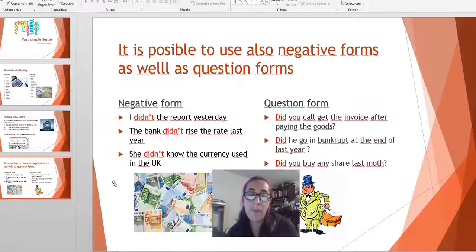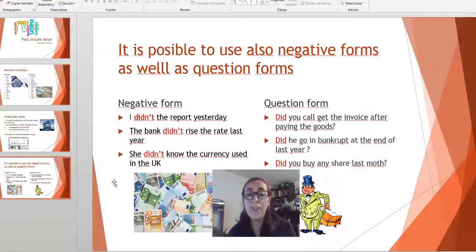In this case, we have the bank didn't raise the rate last year, which is rate, tasa, very good. She didn't know the currency used in the UK. So we said didn't know, so the verb would be in infinitive form. Didn't as auxiliary, verb in infinitive. Currency, which is moneda extranjera.